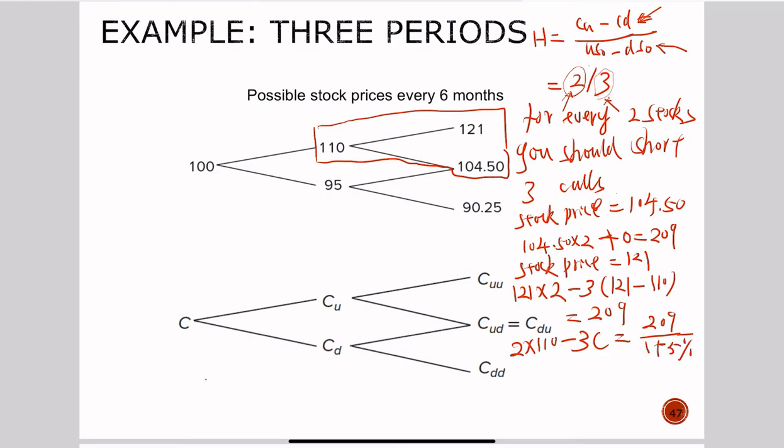Again, the right-hand side is the discounted value of this portfolio's payoff, and the left-hand side is the present value of this portfolio. Of course, these 2 values should be the same. So this solves C equals 6.98. Again, we have got the same number.